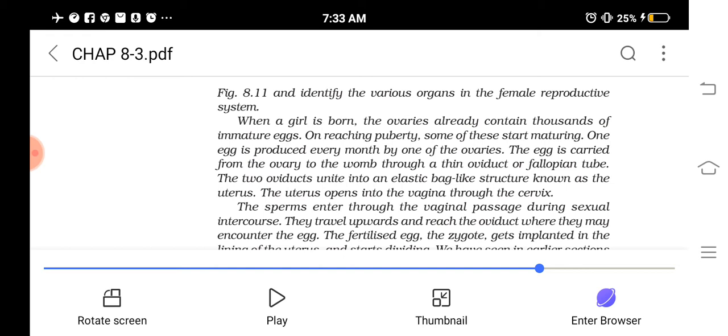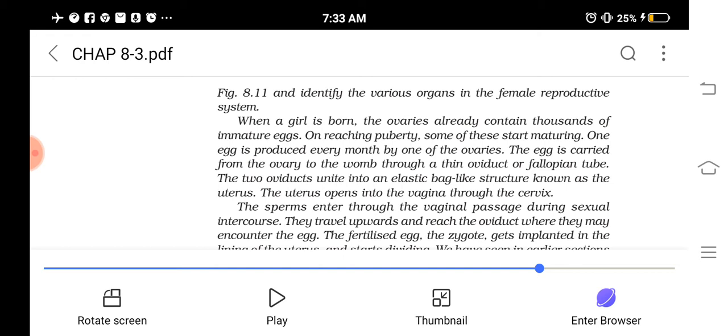Understood? And when the child attains puberty, what happens? These eggs will start maturing, and one egg will be produced every month by one of the ovaries. One ovary will produce one egg every month.